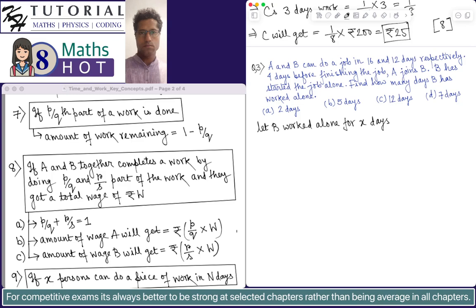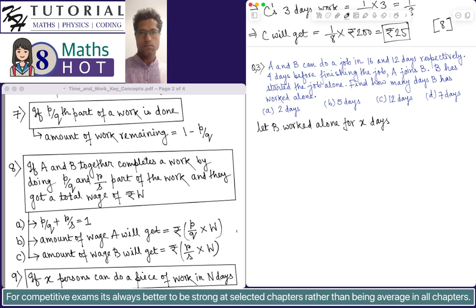Now, in the last 4 days, A and B were working together, and the work was done. Okay. So first we need to find what was the amount of work done by B in the first X days, because we are assuming B worked alone for X days. Okay.